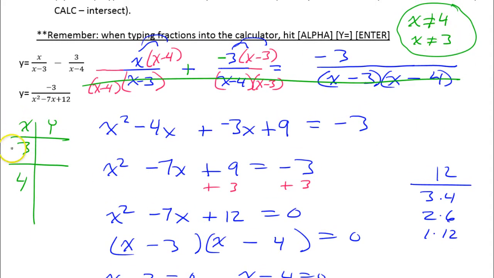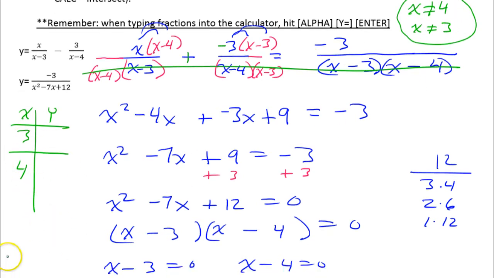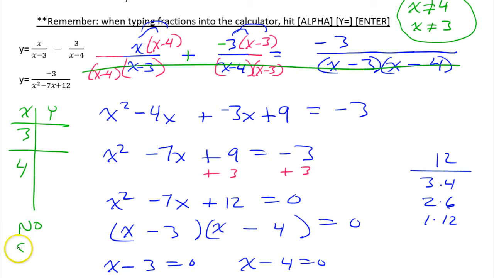So these values are not valid. So these were my only solutions. Both of them are excluded. So that means the answer is no solution. No solution. Okay, so there's that.